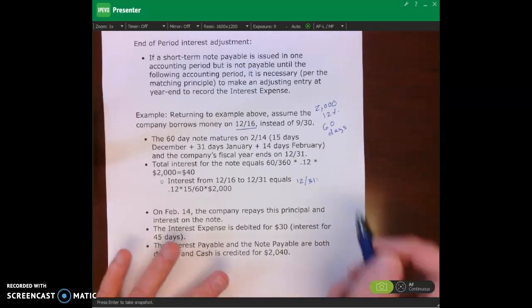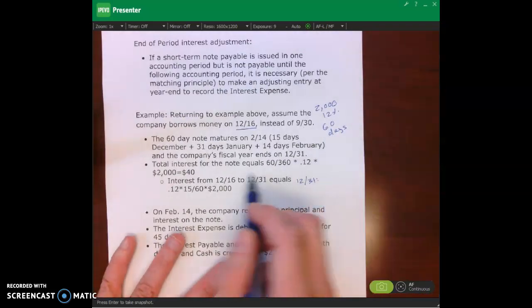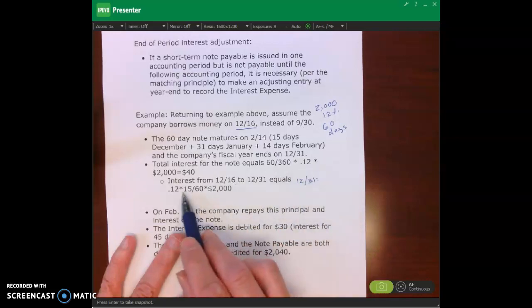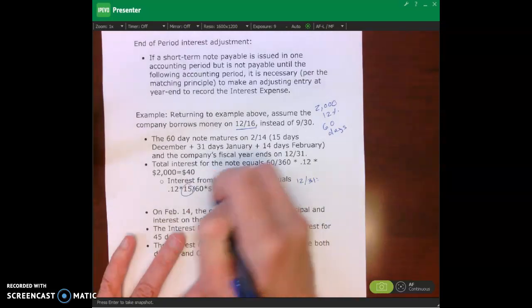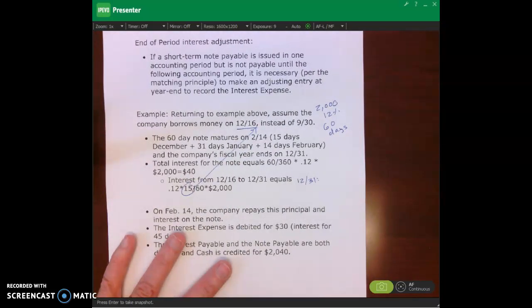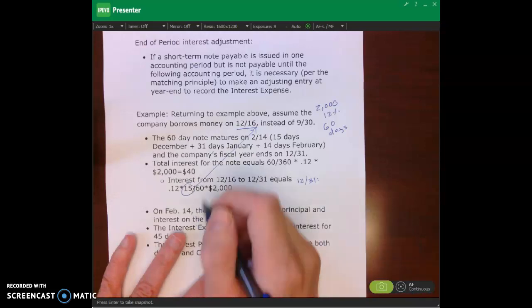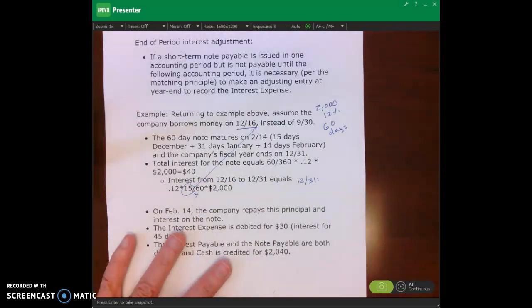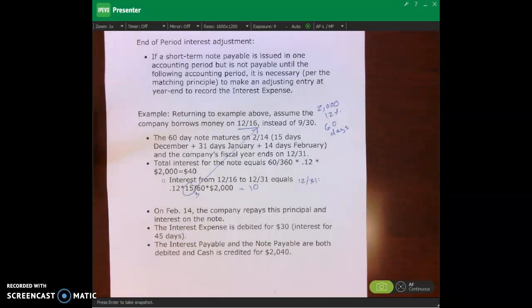So what we would do is we would take our 2,000 times our 15 days, and this 15 is from 12/16 until 12/31, times 15 divided by our 360, okay, times our 0.12, which is going to equal 10, okay?